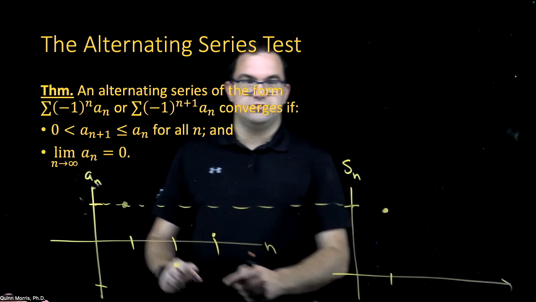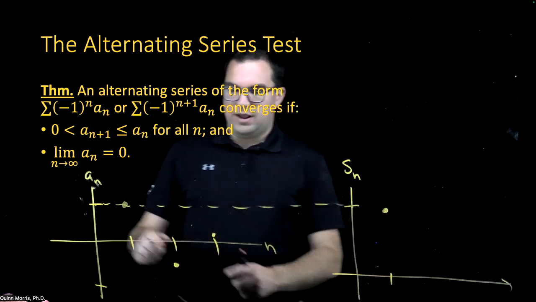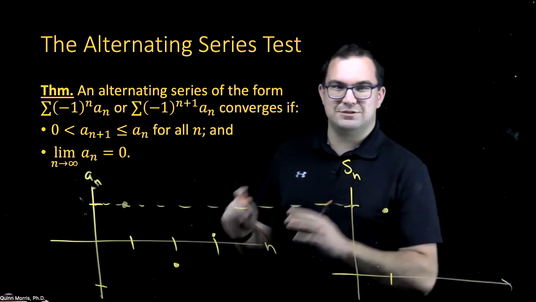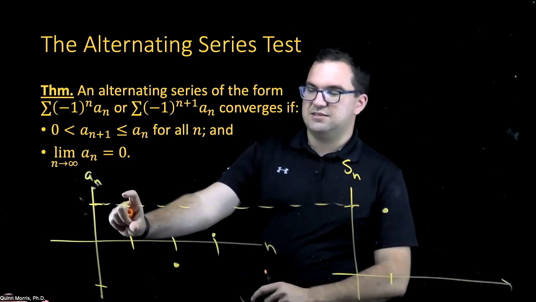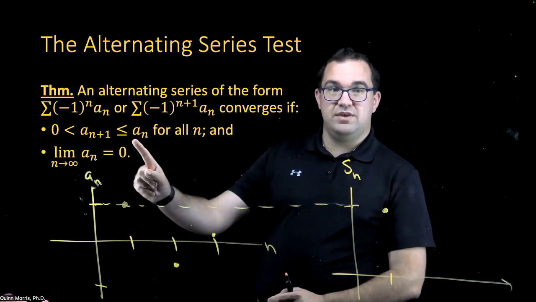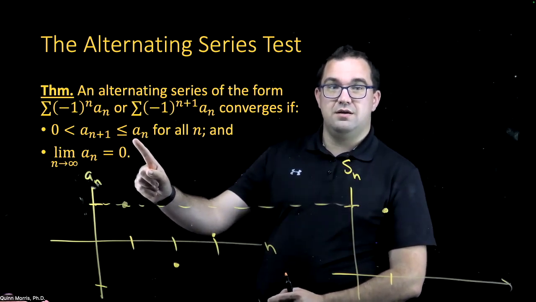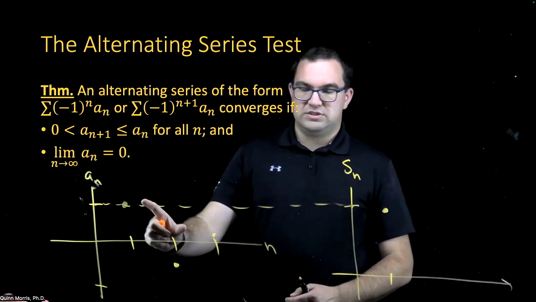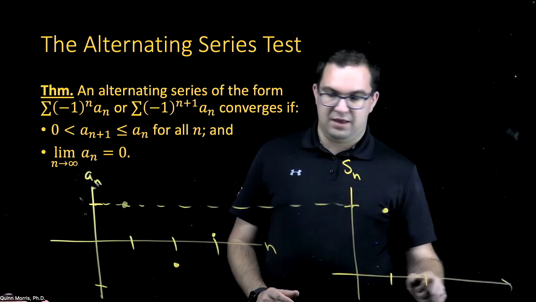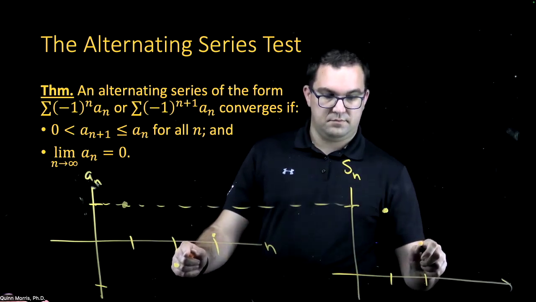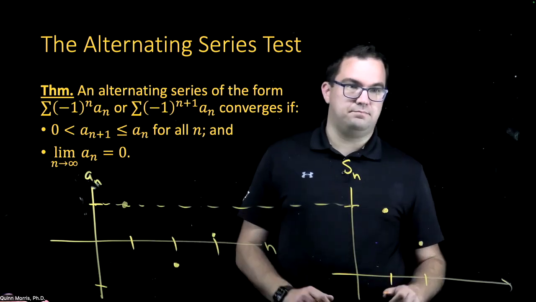This one's positive and this one's negative. This is not mathematically precise, but this one is more positive than this is negative. That's because of this condition, that the absolute value of the terms is decreasing. So this is definitely going to go down, but it's not going to drop to be negative.